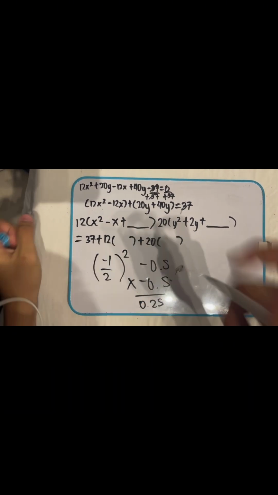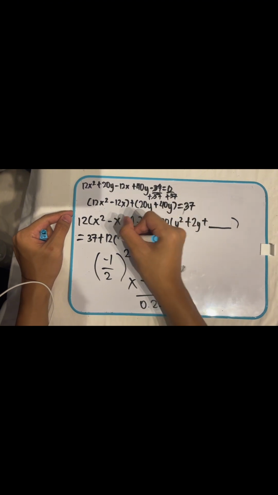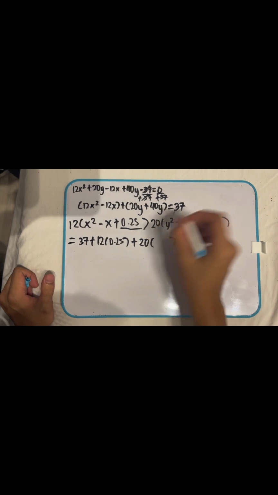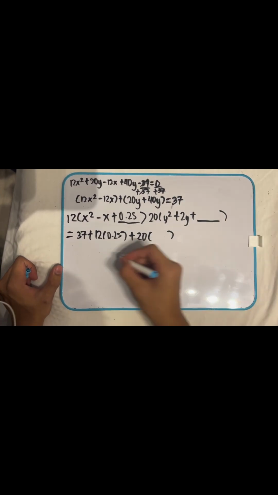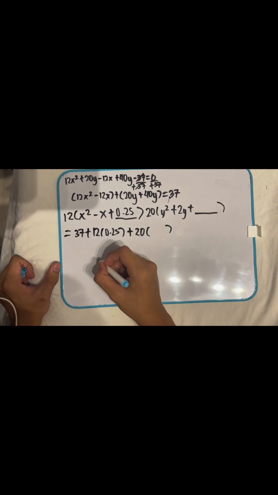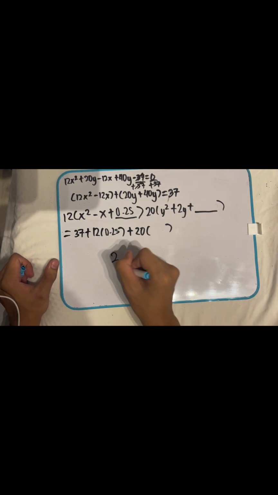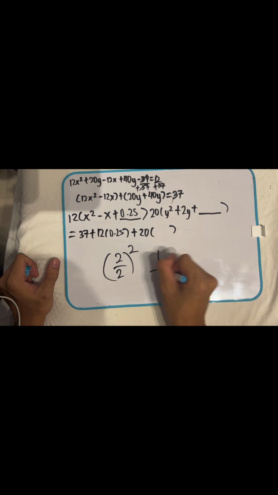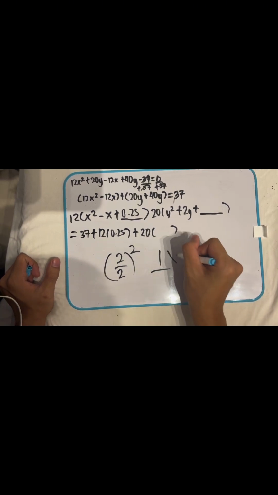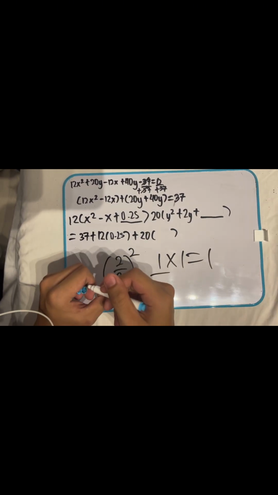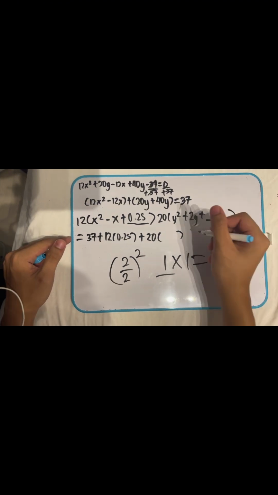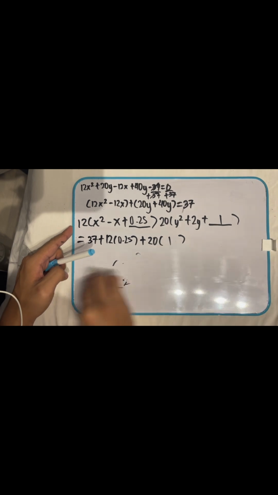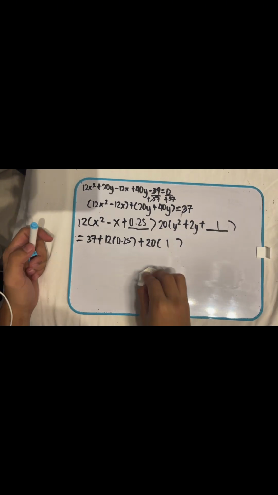So our value here is gonna be 0.25. Since our value is 0.25, we're gonna do the same procedure here. So we're gonna take 2 divided by 2, squared. It's gonna be 1 squared. 1 times 1 is 1. So that's the value of our coefficient. This is completing the square, by the way.